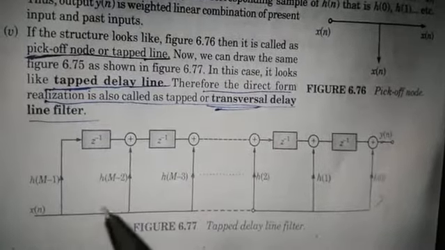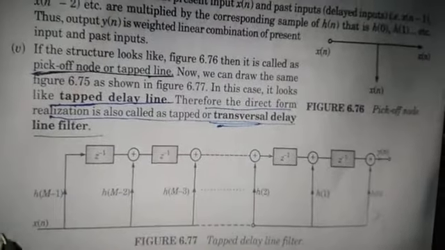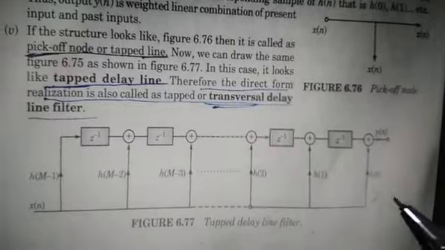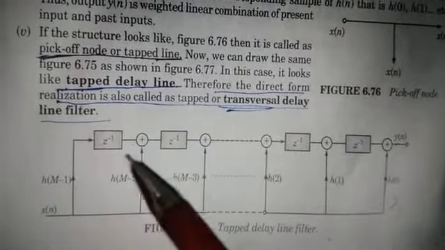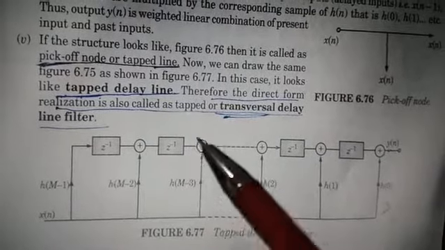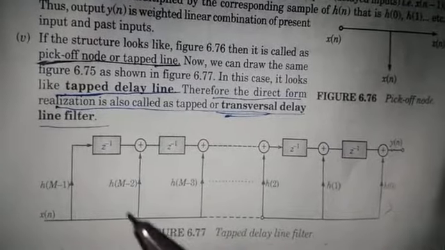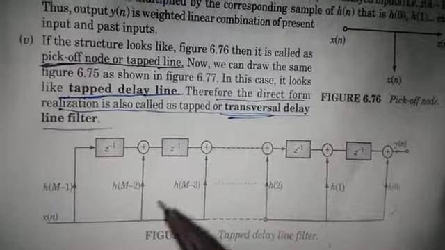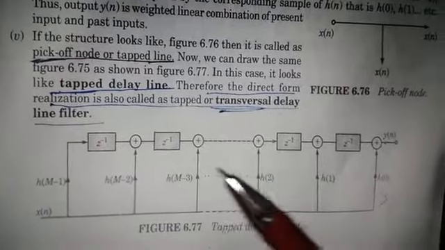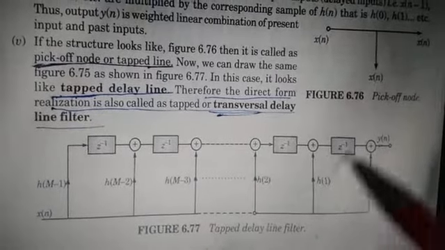So we will just change this. At the downside we will represent this input line, and the upside we will represent these summations. In the previous figure we have the summations below and this line above. This is called a transversal delay line filter, or a tapped delay line filter.